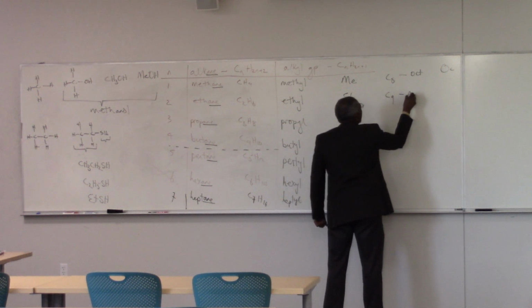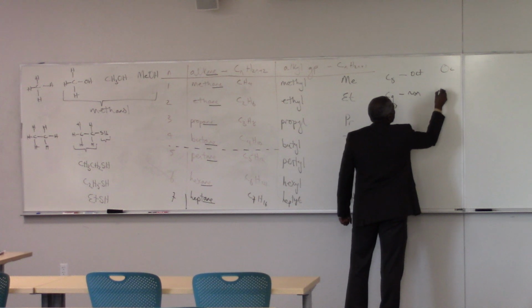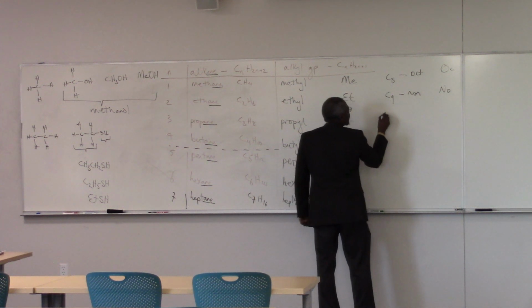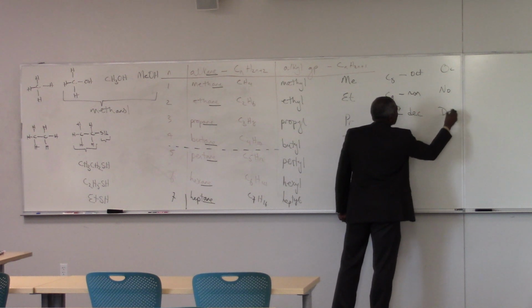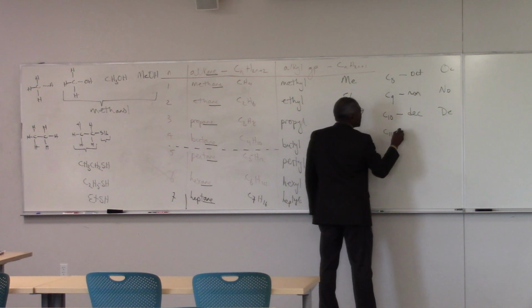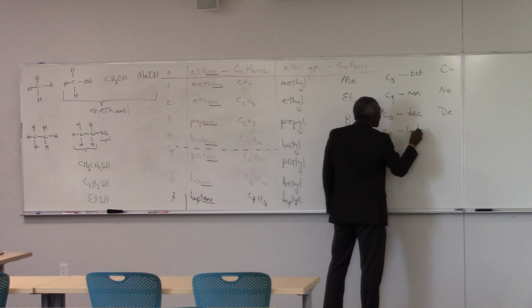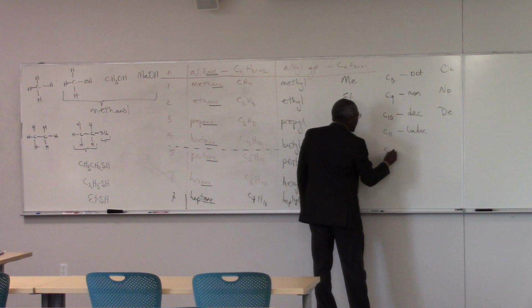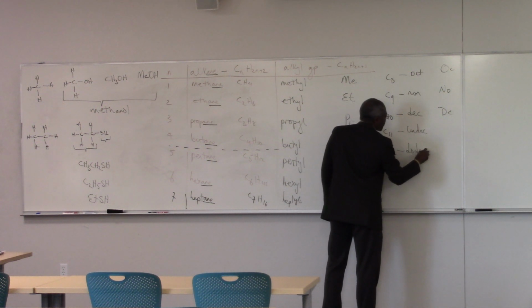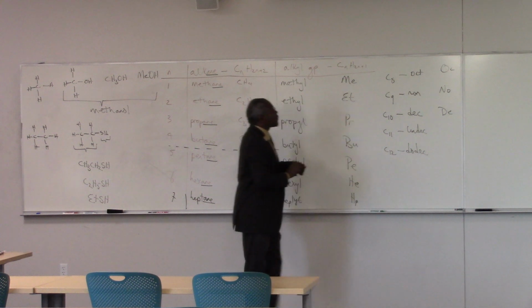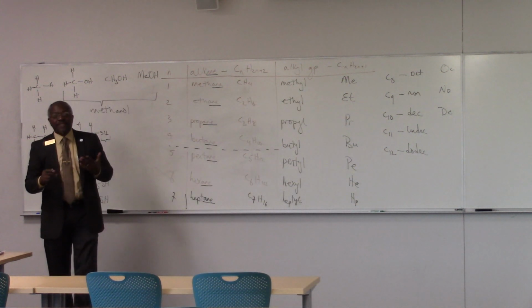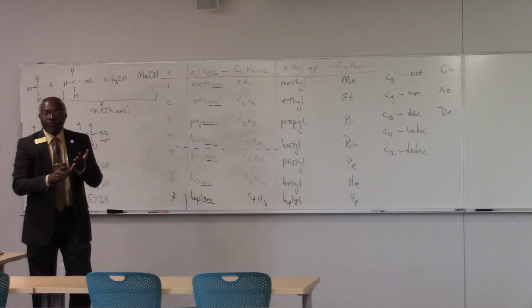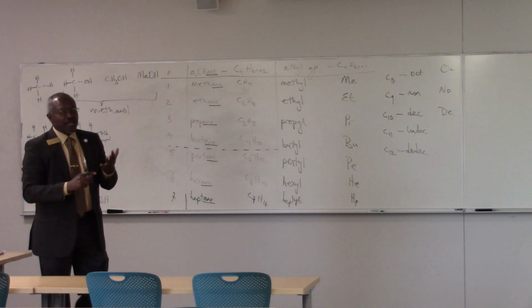C9 would be non, which is NO. C10 is dec, which is DE. C11 is undec, and C12 is dodec. Okay? So you're responsible for the names of the first 12 prefixes, from C1 to C12.